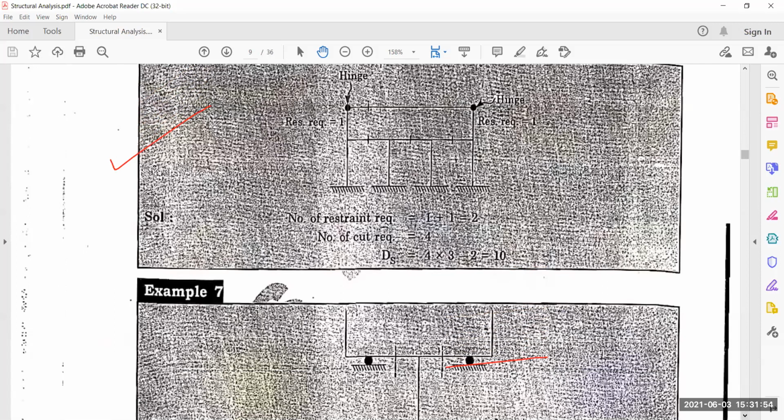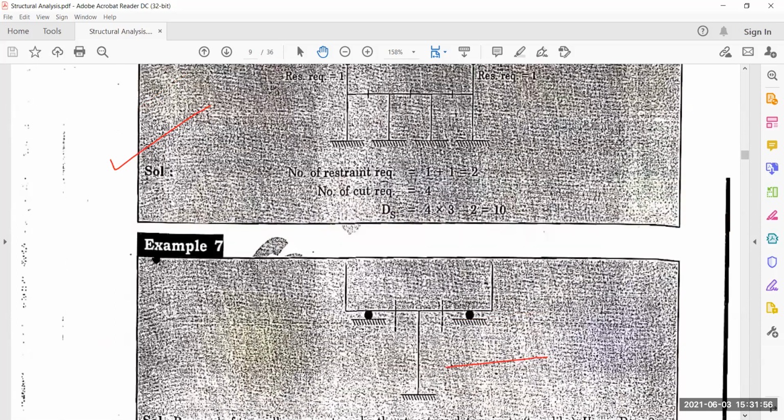Solve this question. Very good question. I think this question was asked in ESE 2016, or 2017, so do not get confused.